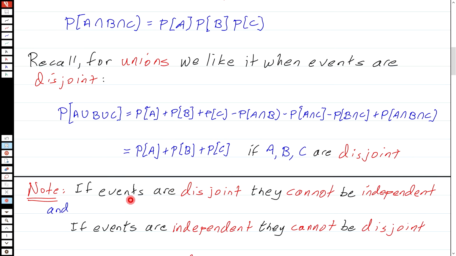I should also point out that if events are disjoint, they cannot be independent, and vice versa. If they're independent, they cannot be disjoint. So the two things are essentially opposites. In the English language, independence often seems to mean that they're separate, and so we often get confused and think of independence as meaning the same thing as disjointedness, but in probability theory, they are almost opposites.